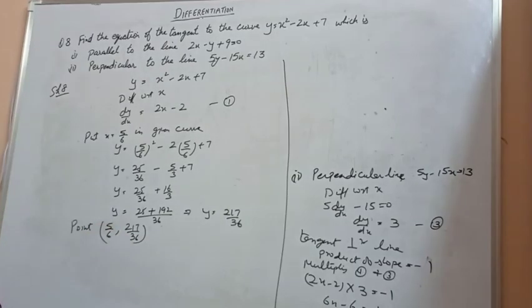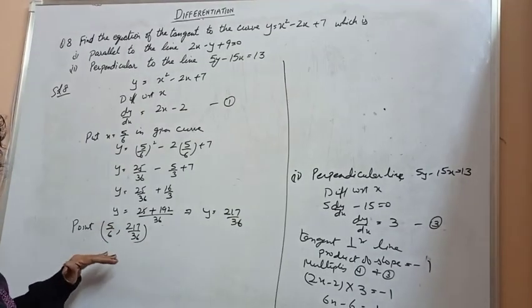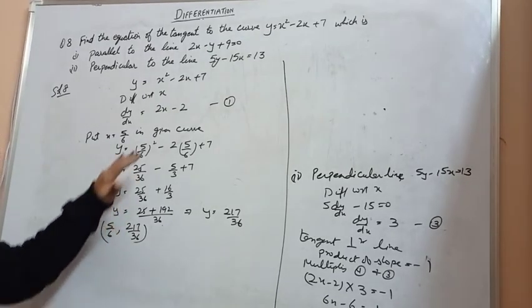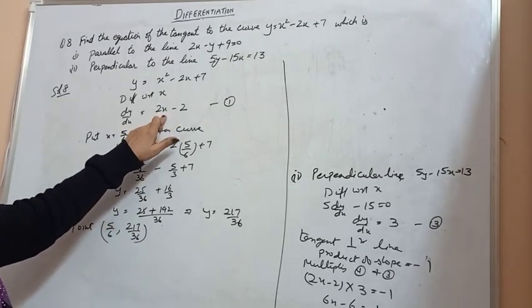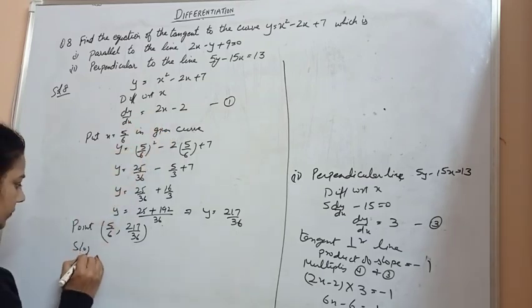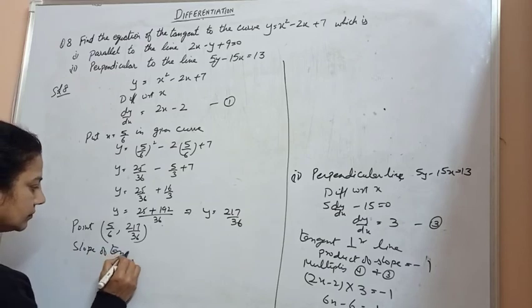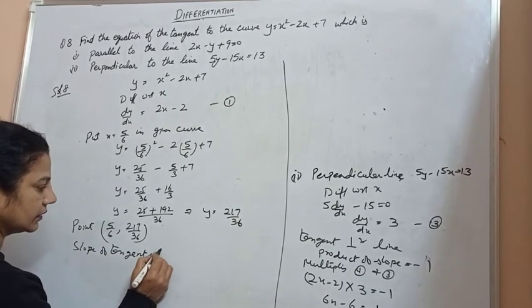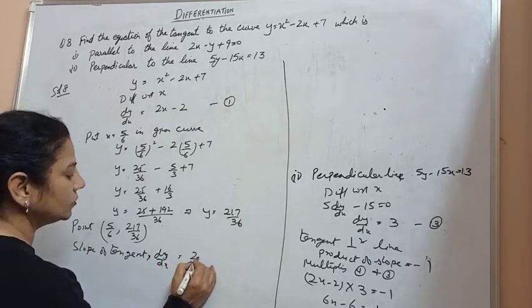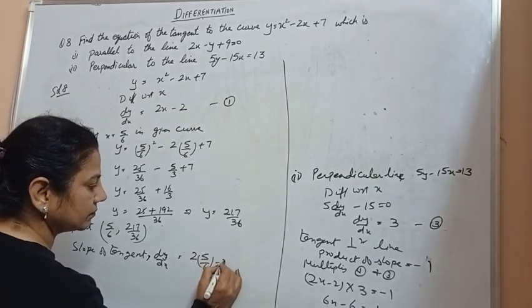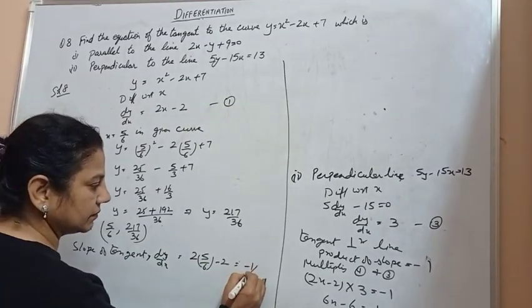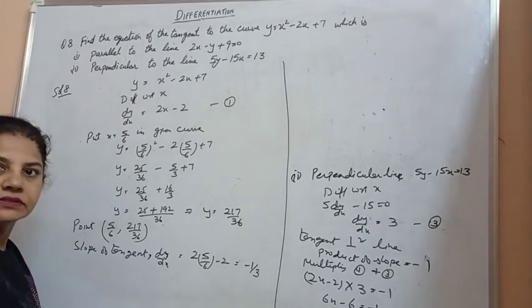So we have to find the equation of the tangent which passes through this point, and for the slope we put the value of x as 5/6. So slope of tangent dy/dx = 2 × 5/6 − 2 = −1/3. Minus 1/3 is the slope.